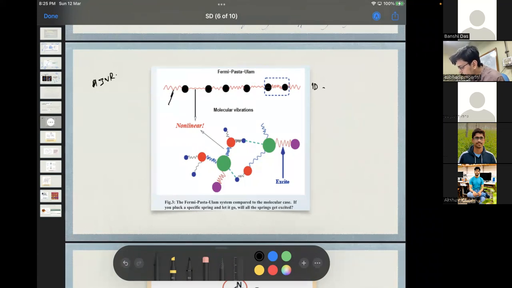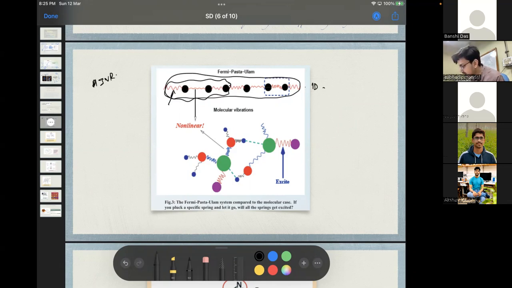Now, if we excite one particular bond, it is seen numerically that this energy gets transferred between some selective modes, and the other modes are mere spectators. That means the initial vibrational energy is not immediately dispersed or redistributed over all possible vibrational modes.